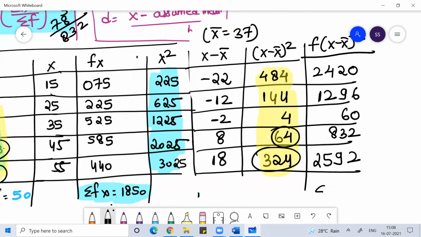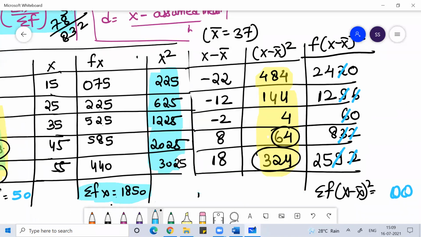Then do the sum of this. Sum of f into x minus x bar whole square. So 6, 8, 10. Write 0, 1 carry. 10, 12, 18, 18 plus 3, 21, 21 plus 9, 30.